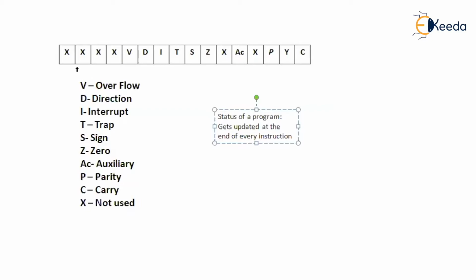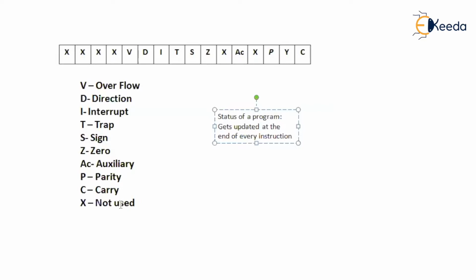Now let us discuss these flag registers. What are these flag bits? At the end of every instruction, how are these going to be updated? Here there are a few X's you can see: X, X, X, X, and X here. That's it. Now, I do have several flags: 1, 2, 3, 4, 5, 6, 7, 8, 9, 10.